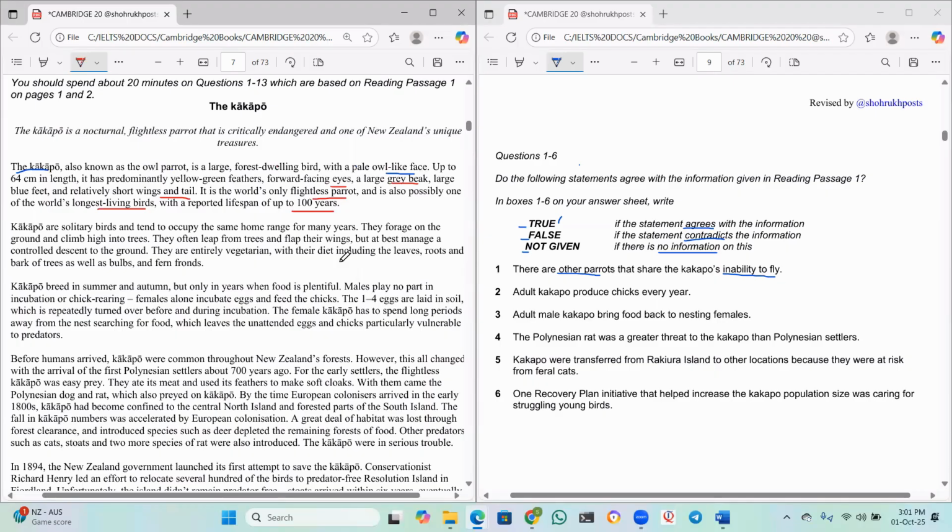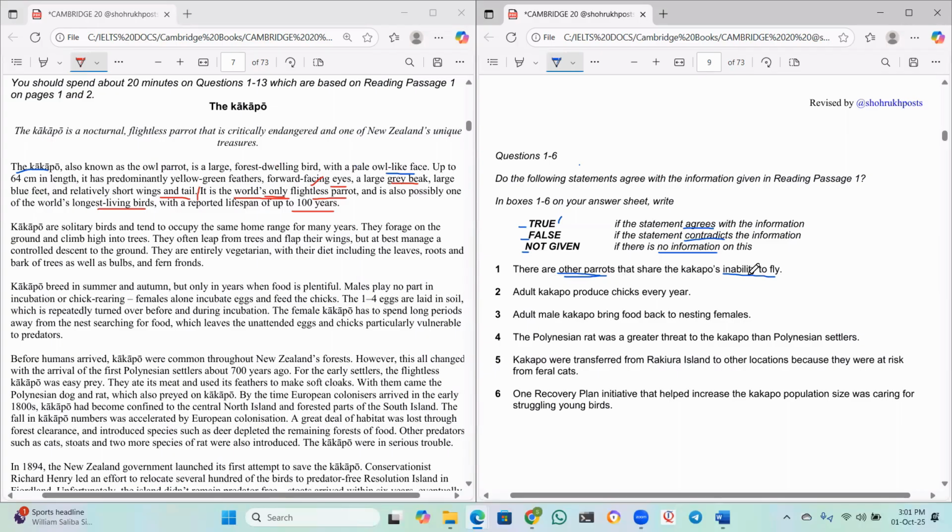So what did we read about flying here? Look at the last sentence, guys. It is the world's only flightless parrot. Flightless means which cannot fly. Here he says it is the only parrot which cannot fly in the whole world. But what is the question here? It says there are some other parrots that share the kakapo's inability to fly.